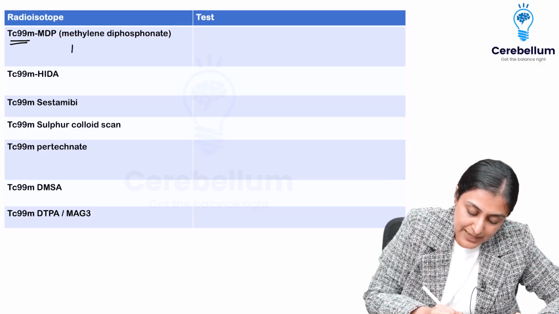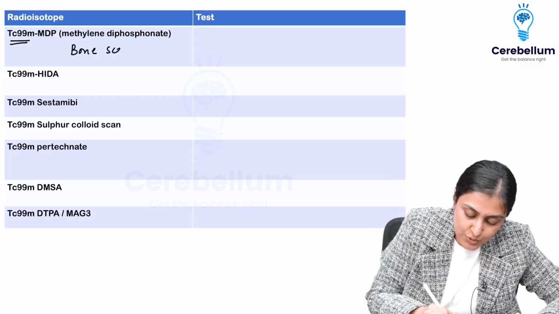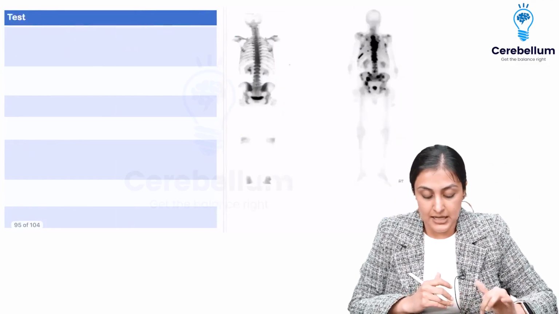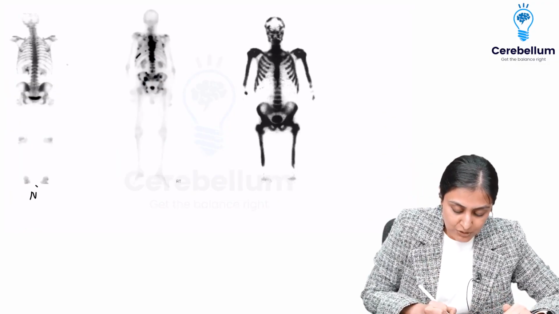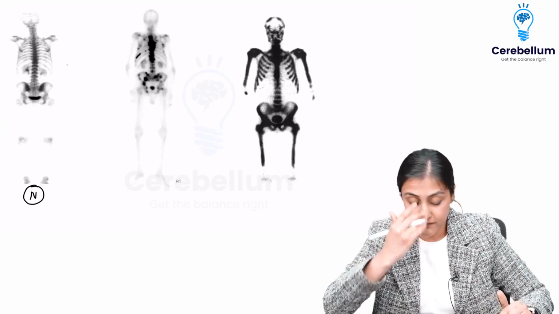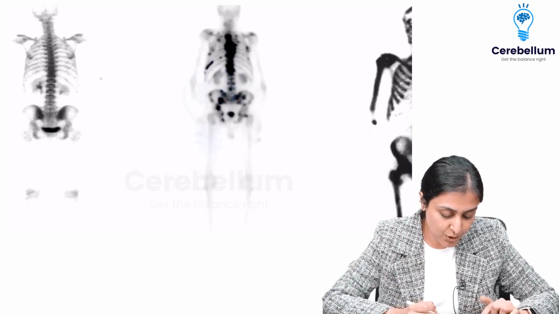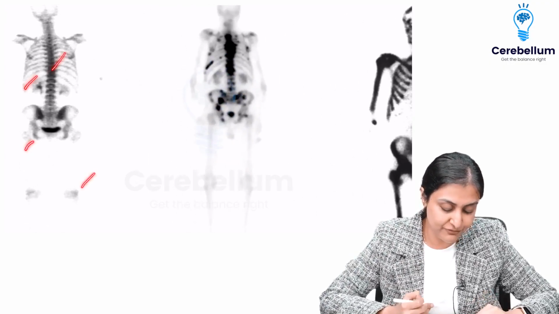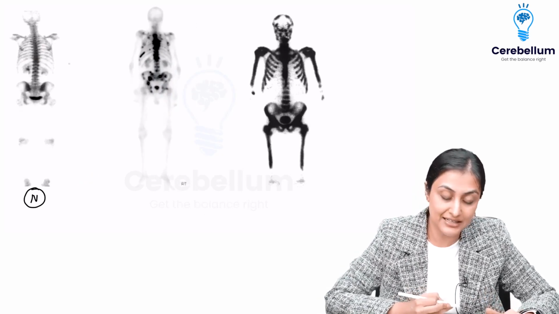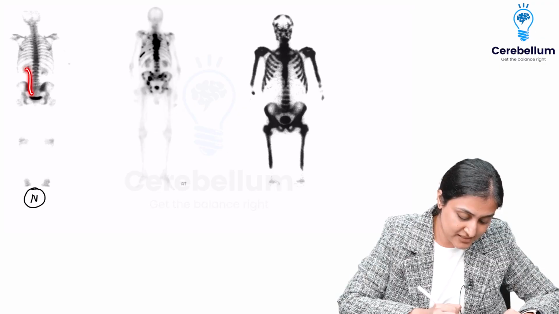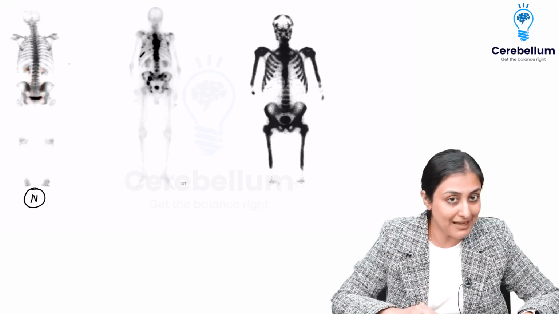So technetium MDP is what we use for bone scans. Look at the image first. This is how a normal bone scan will appear, wherein there is no particular hotspot. All of the bones are diffusely, symmetrically taking the compound, and you can see it's getting excreted from the kidneys into the bladder.